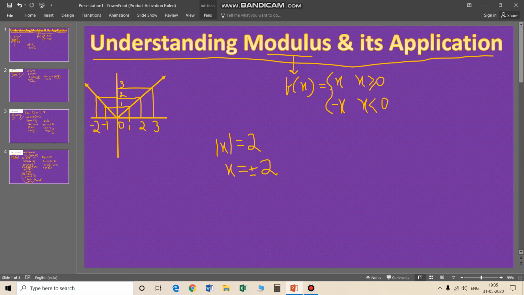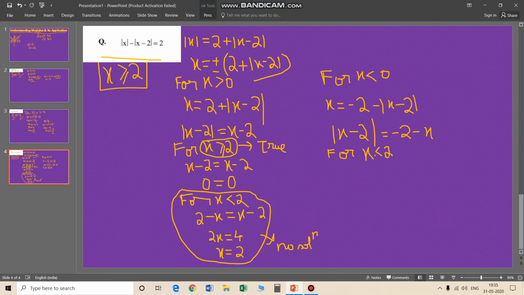Here was the question. For x less than 2, check the condition, it will come x minus 2 is equals to x plus 2.